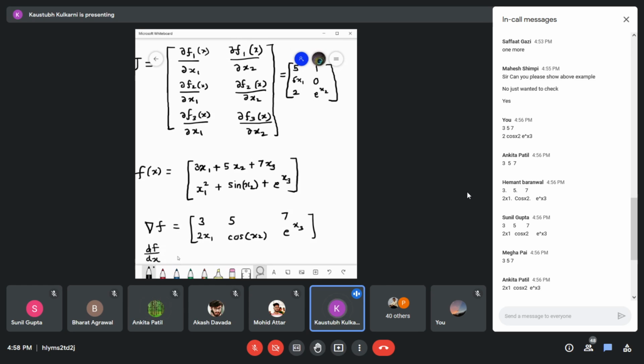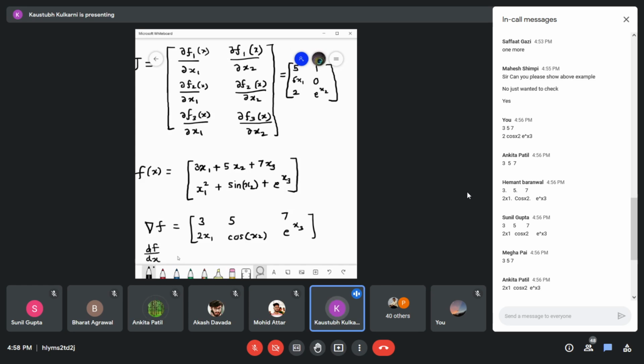Gradient is like taking a derivative with respect to a vector, because gradient is only defined for multivariate functions, and the multiple variables that we have, we can define as a vector, so we are finding a derivative with respect to a vector.